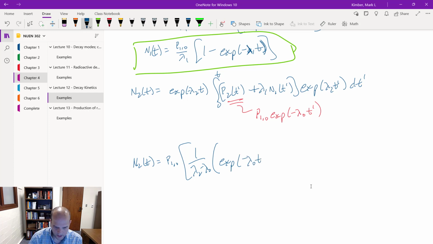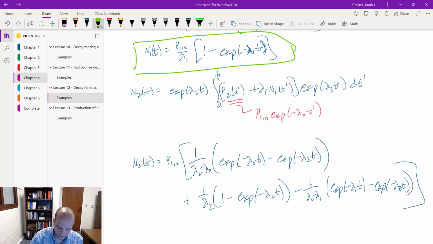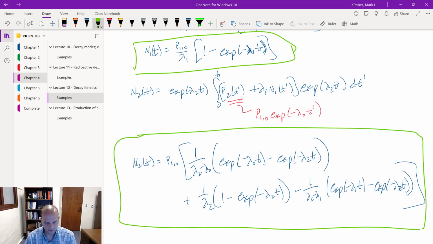The result is the exponential of minus lambda naught t minus the exponential of minus lambda 2 t, plus 1 over lambda 2 times 1 minus the exponential of minus lambda 2 t, minus 1 over lambda 2 minus lambda 1 times the exponential of minus lambda 1 t minus the exponential of minus lambda 2 t. And so this is the solution for the inventory of isotope number 2.